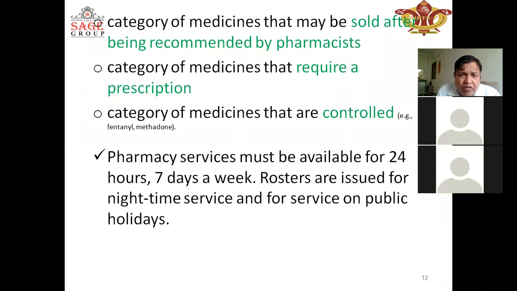A category of medicines is controlled, for example fentanyl or methadone, which are habit-forming drugs, so a lot of care is taken in handling this type of medicine or giving it to the patient.